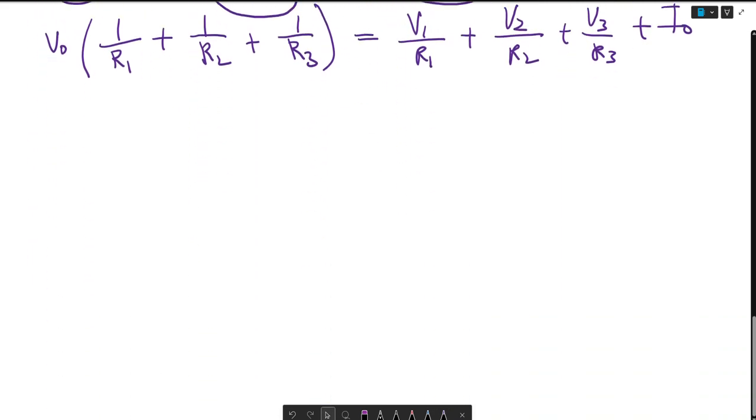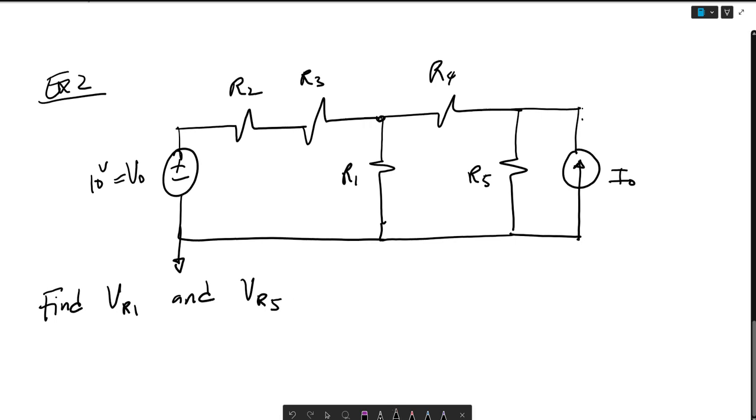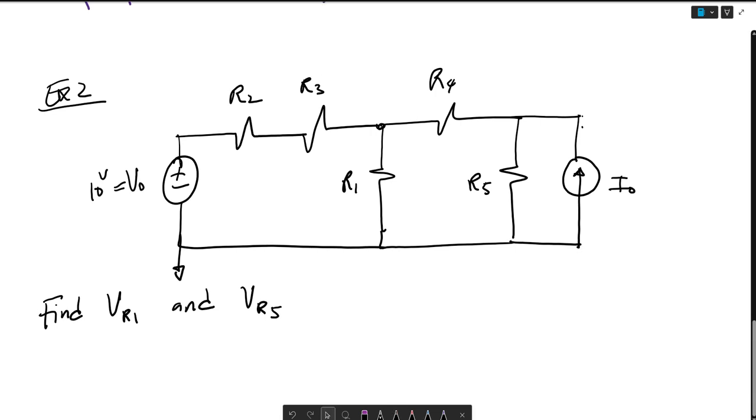Let's take another example. In this example, we're asked to find the voltage through this resistor, VR1, and this resistor, VR5. The first thing we need to do is label our nodes.